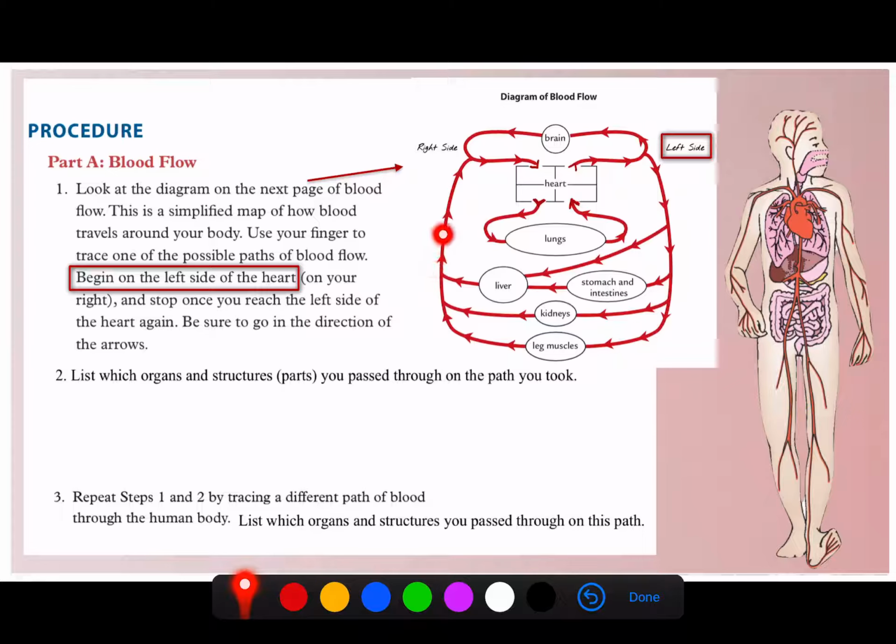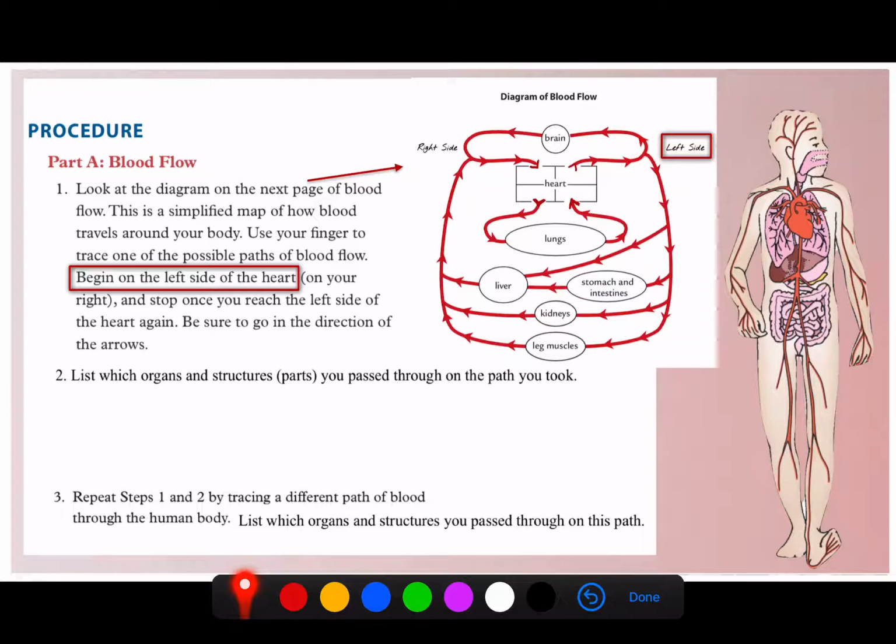I have to keep following the directional arrows, and notice it brings me back into the heart. And look at what side of the heart I'm in. Then I'm going to continue following the arrows, and there I wind up in the lungs. And then following the arrows until I wind up back on the left side again.